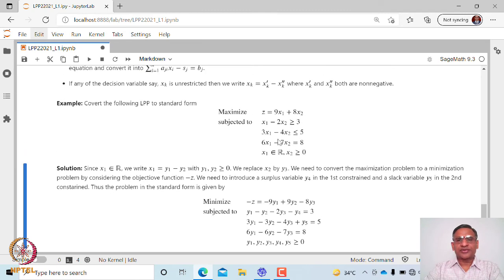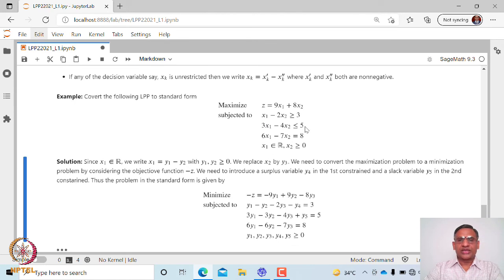Now look at the first constraint. The first constraint is greater than equal to type. So we'll need to subtract a surplus variable, and let us call that variable y4. So the first constraint will get converted into y1 minus y2, which is in place of x1, minus 2y3 minus y4 is equal to 3.